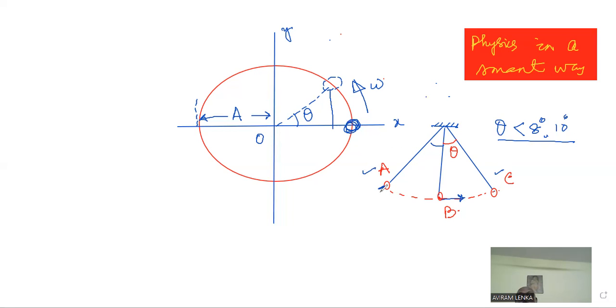So then we can consider it a simple harmonic motion. You can consider that the bob is moving on a straight line, that is A, then B, and then C, and that is almost a simple harmonic motion.